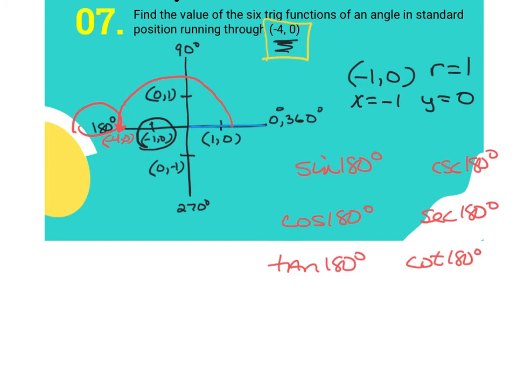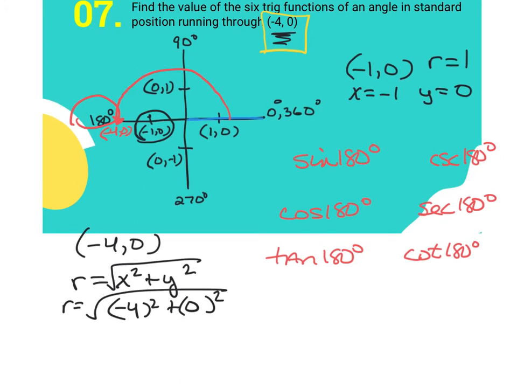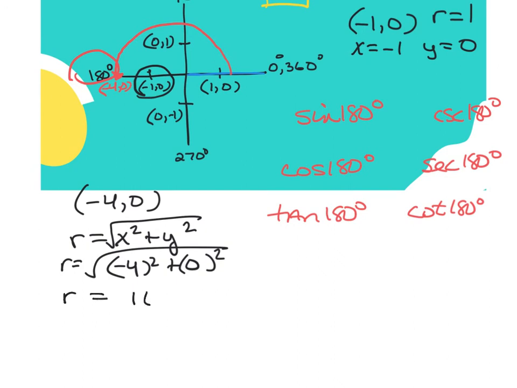Now, if I choose to use the ordered pair they gave me, I need to find the R value. It won't be 1. So what I need to do is X squared plus Y squared, and I get -4 squared plus 0 squared, which gives me 16.